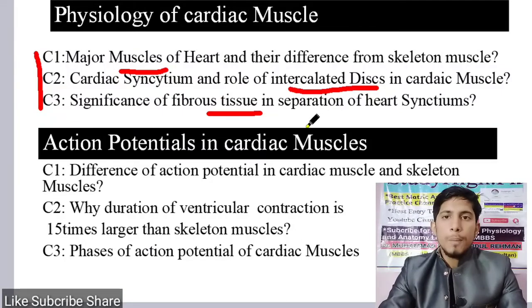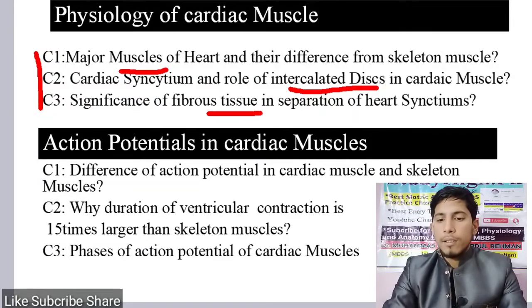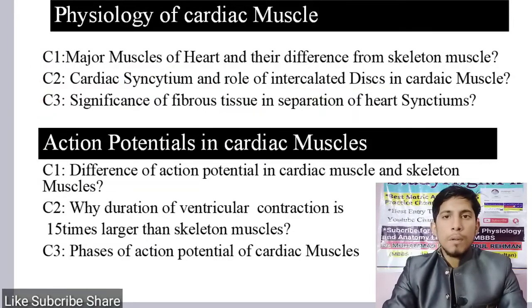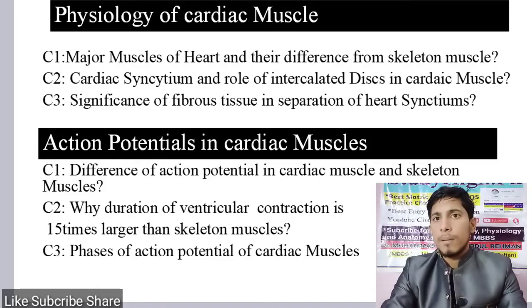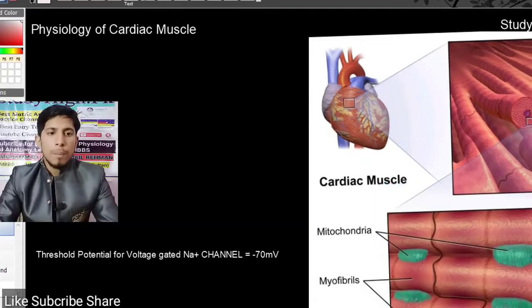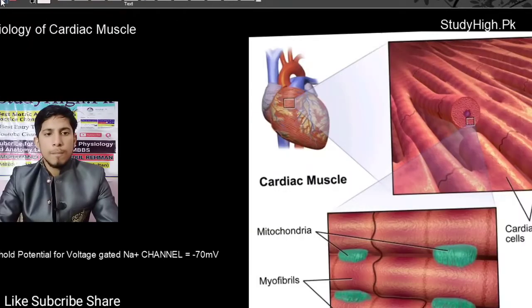These are the three important concepts that you will understand in this topic. Then we will start our next topic of action potential generation and transfer in cardiac muscles.